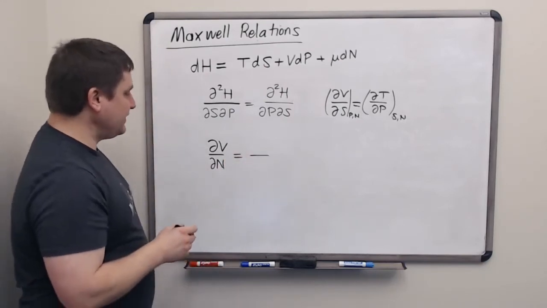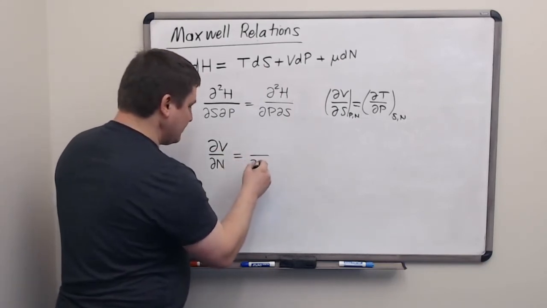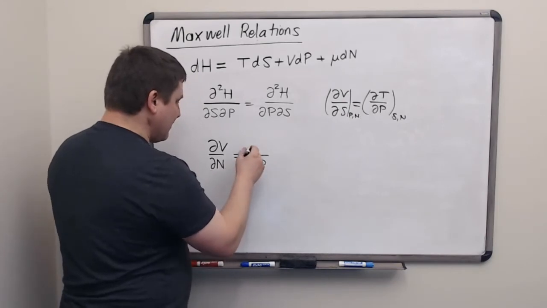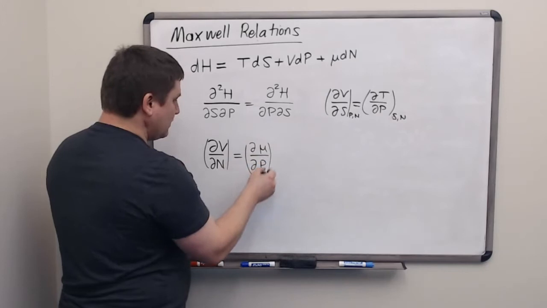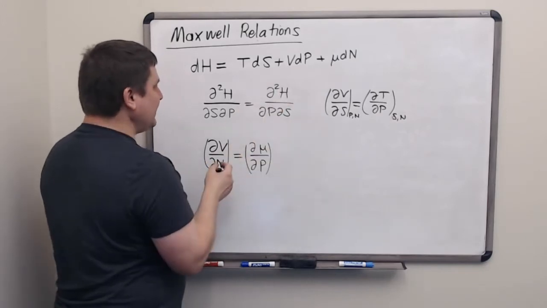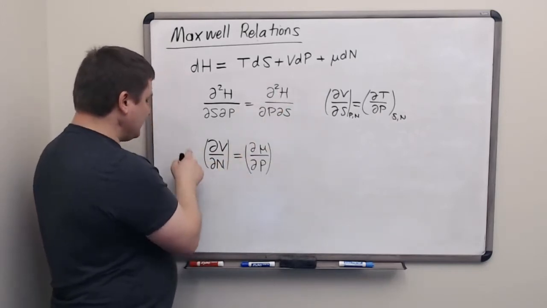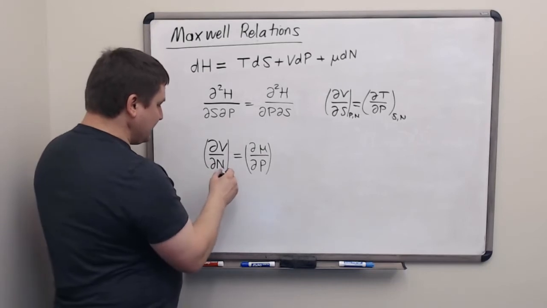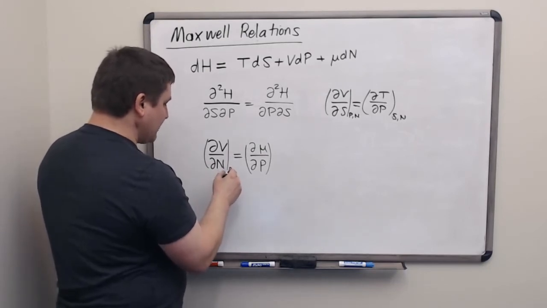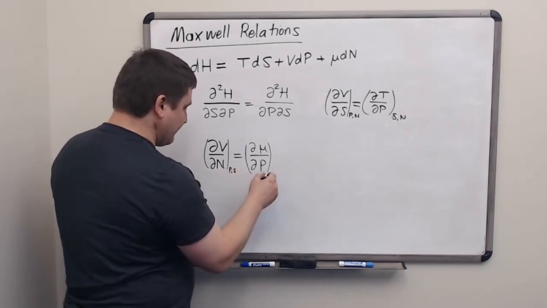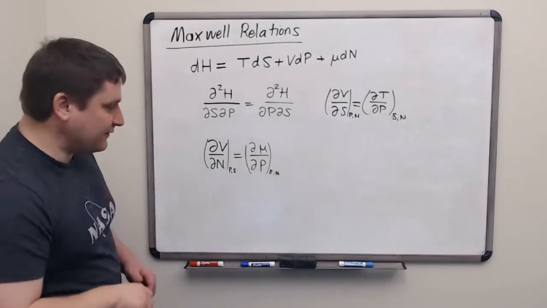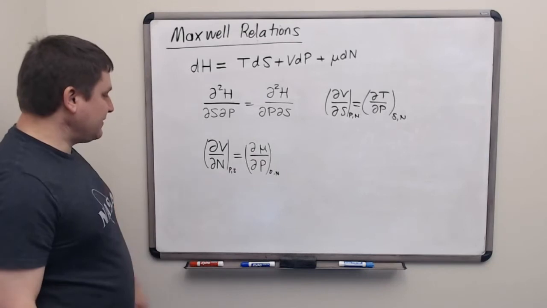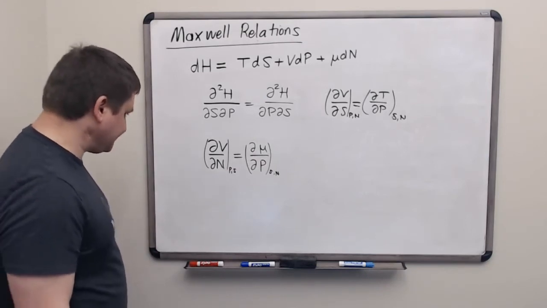The conjugate of volume is pressure, and of number of particles is chemical potential. All terms come with a positive sign in the enthalpy, so we have a plus sign outside of both derivatives, and the natural variables are pressure, entropy, and number of particles. So there is a second Maxwell relationship for the enthalpy.